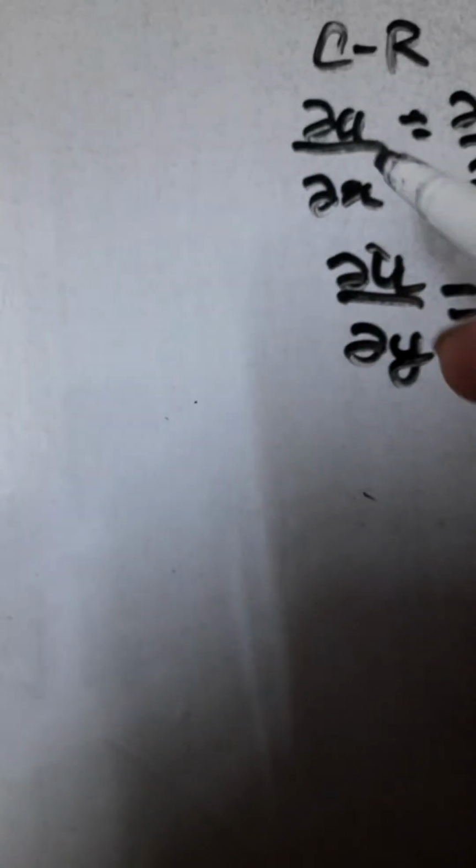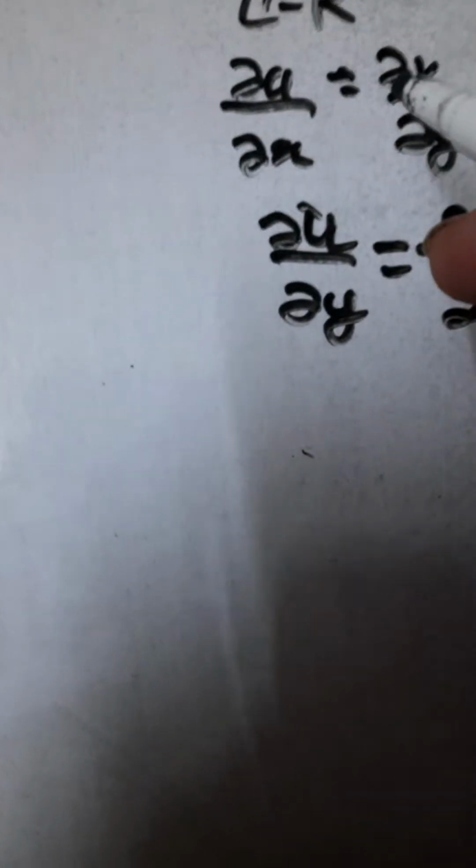So del u by del x is equal to del v by del y, because u and v are functions of x and y. The first variable is x in the function, and the first part of f of z is u. So u and x are related, so we do del u with respect to del x. So this is related and this is correct.